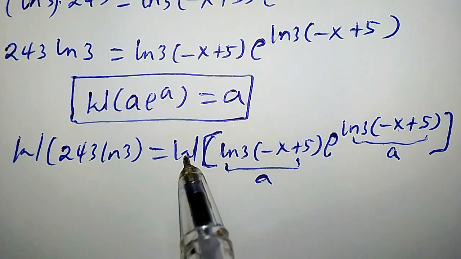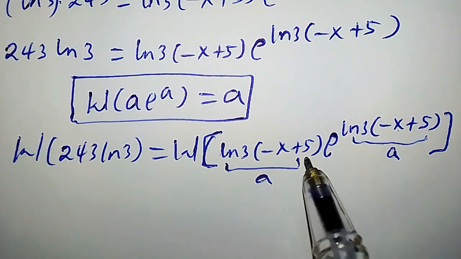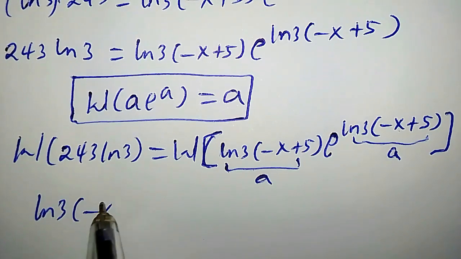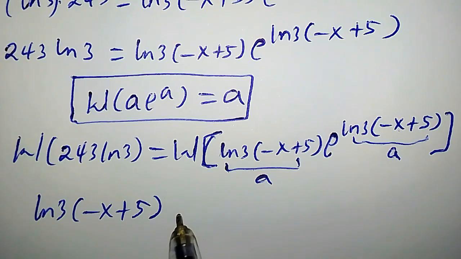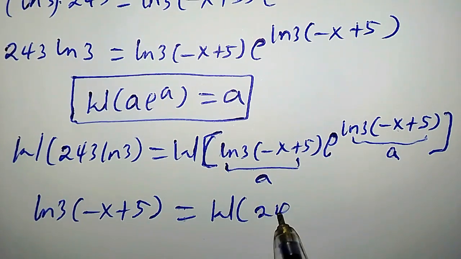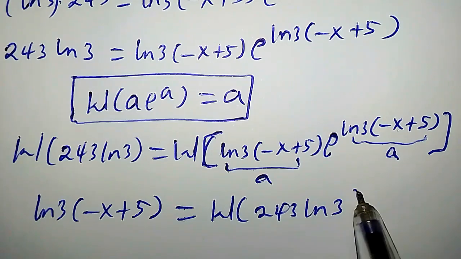That means W of all of these entity will become ln 3 times minus x plus 5 equal to W of 243 ln 3.